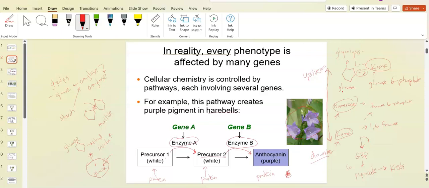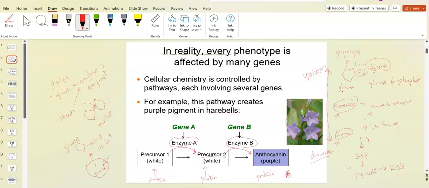We talked about how proteins fold. When it does that, it's going to transmit to your eye the wavelength of light that's in the purple spectrum, probably 450 to 400 nanometers, somewhere in that range. And you're going to see that the flower is purple.